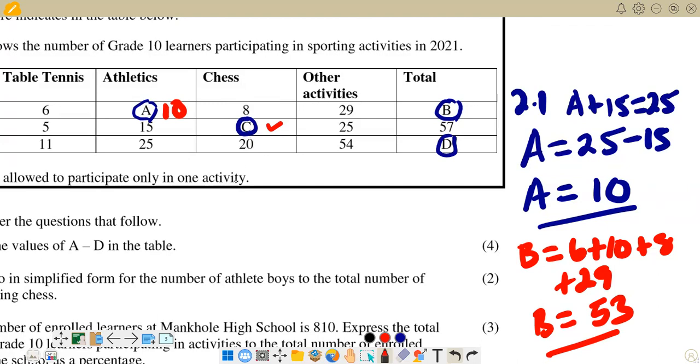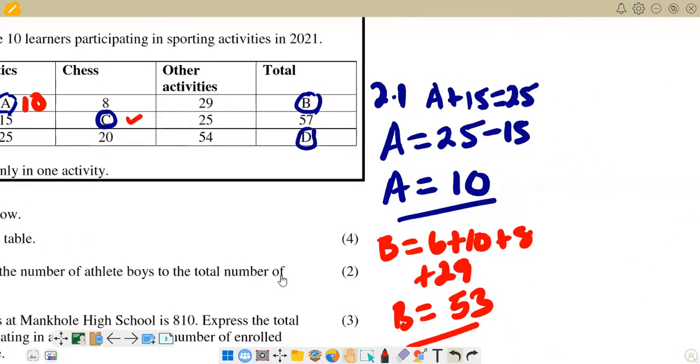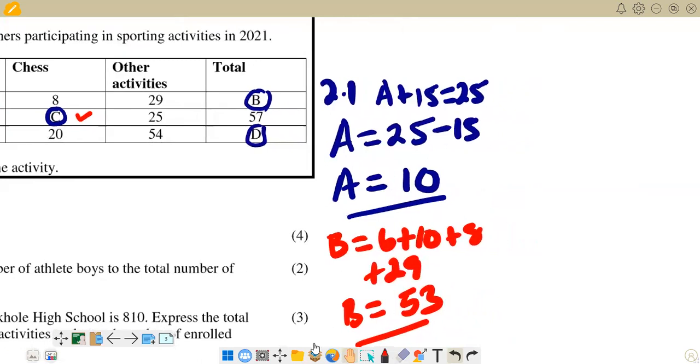So we can get the figure for C. We are still on 2.1, but we want to find the figure for C. 8 plus C, we get 20. So it's equal to 20.